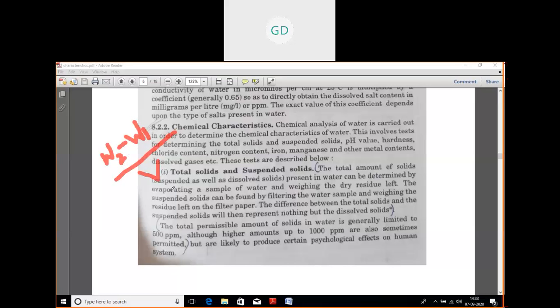Likewise, total solids is found practically like that.